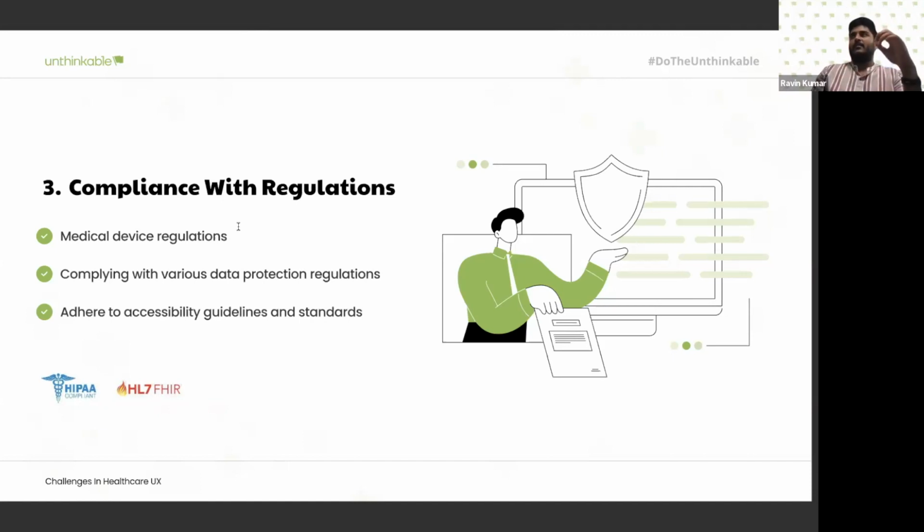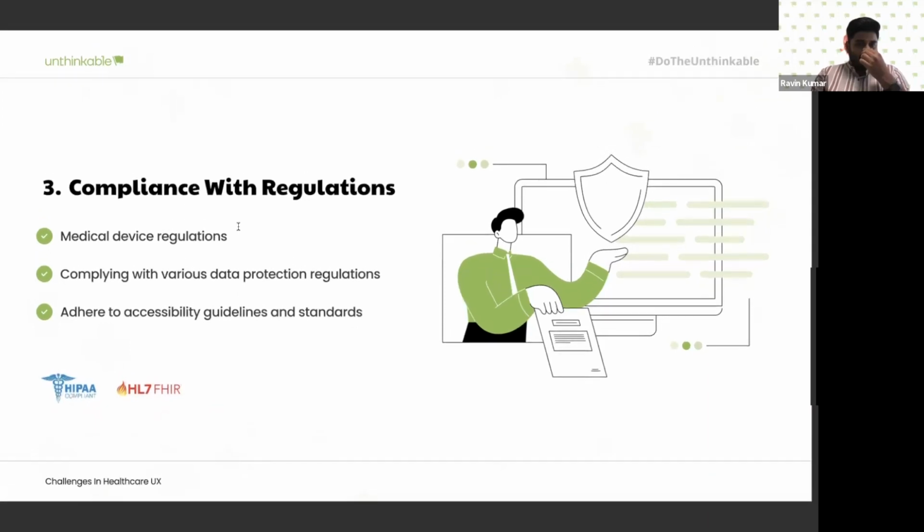So there are many factors like risk classifications, implementing human factors engineering, adhering to design controls, and maintaining documentation, etc. It actually becomes very complex when it comes to designing human and machine interactions, the complex interactions.